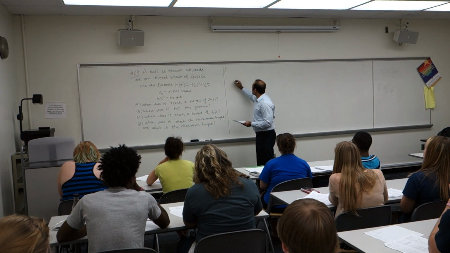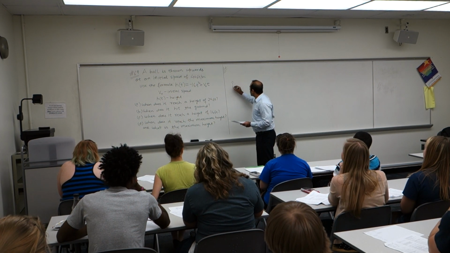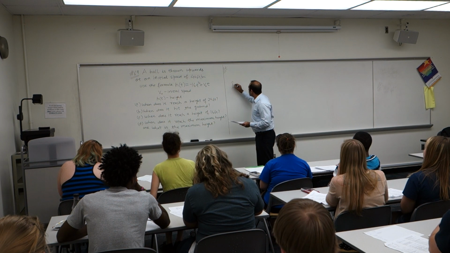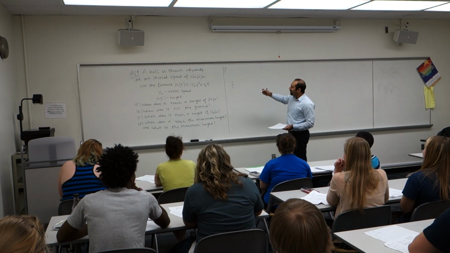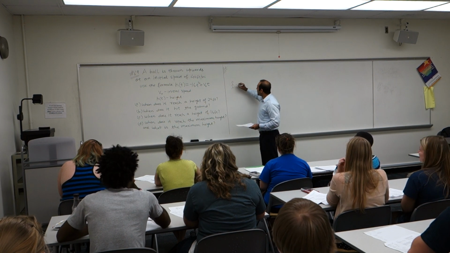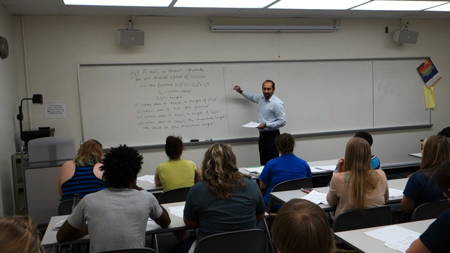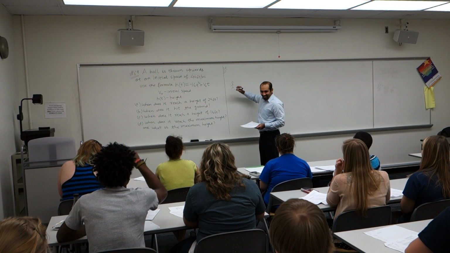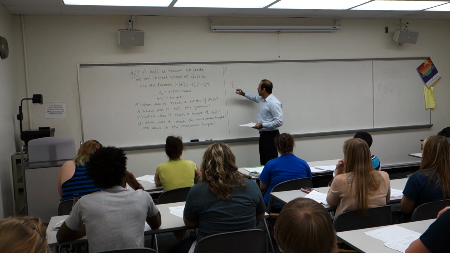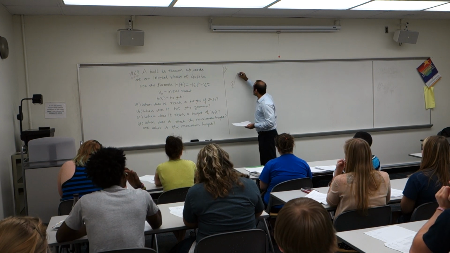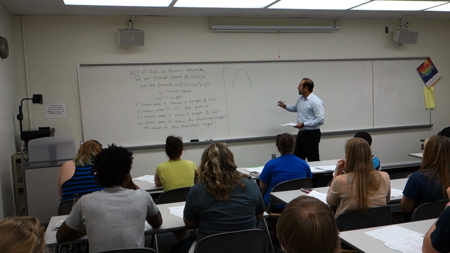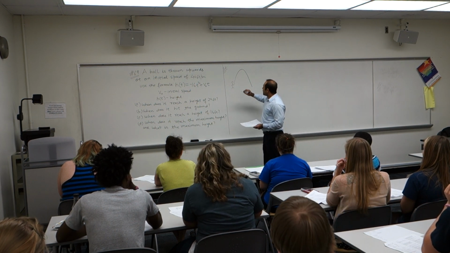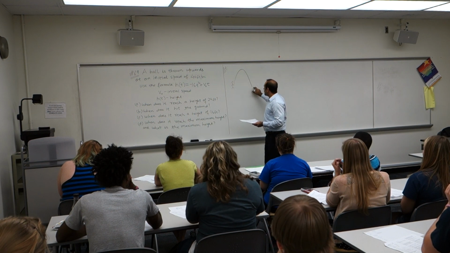So for example, you are done with your finals and now you are playing with a ball. And you are trying to throw a ball. If you throw a ball up in the air, how is the motion of the ball going to look like? It's going to look like a parabola. So it's going to look something like this, right? So you throw a ball, the motion is going to look like this.